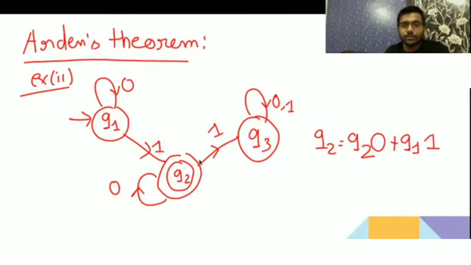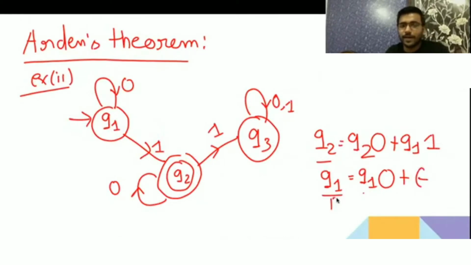So Q2 0 or Q1 1. By this you can reach Q2, and we want the regular expression for Q2. Now, how are we reaching Q1? Q1 is Q1 0. I am reaching Q1 by Q1 0 plus epsilon.